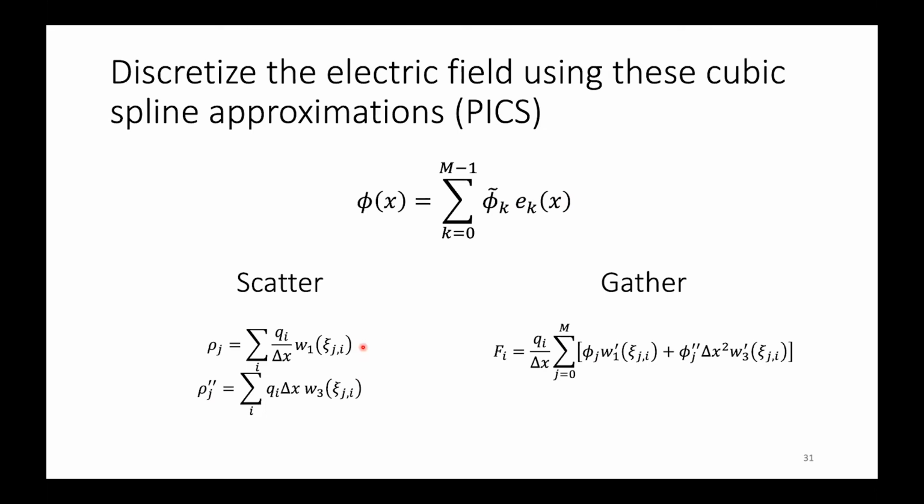That's kind of expected. We've got a rho and a rho double prime. And we interpolate both of these fields using this W1, W3. Then together, we're going to gather now from 2 different fields. We've got a phi j here and a phi j double prime here. And you'll see we're using the derivatives of these interpolations, but that's not a big deal. We can work out that analytically.